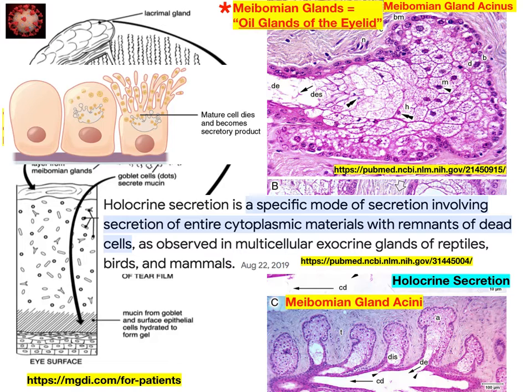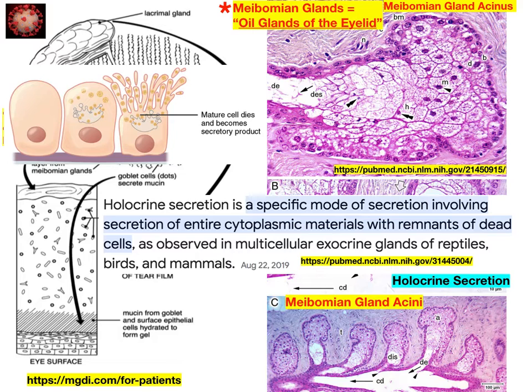The type of secretion taking place in the meibomian gland is called holocrine secretion. Holocrine secretion is a specific mode of secretion involving secretion of entire cytoplasmic materials with remnants of dead cells. This is observed in multicellular exocrine glands of reptiles, birds, and mammals.